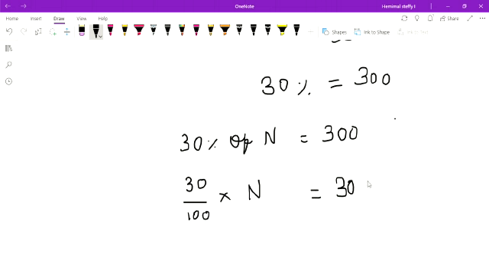I keep n here. n, the total number of students, equals 300. I bring the 30 by 100 to the opposite side and it changes to the reciprocal, 100 by 30.